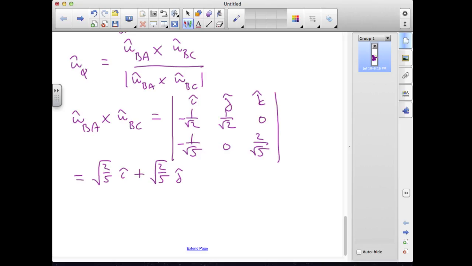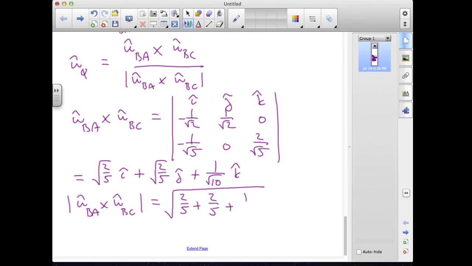And then in k, we've got a 0 minus a minus 1 over root 2 times 1 over root 5. And that's going to give us a net plus 1 over root 10 k. The magnitude of that cross product is the square root of the sum of the squares. And there we've got 2/5 plus 2/5 plus 1/10. And that ends up giving us square root of 9 over 10, or 3 over root 10.